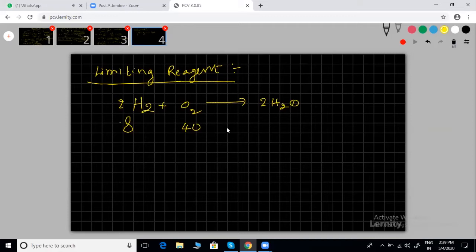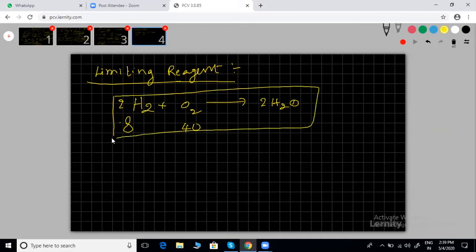So you can see simply, according to the equation, 2H2 plus O2 gives 2H2O. 2H2 means 4 grams and O2 means 32 grams, and it will give 2 into 18 grams.